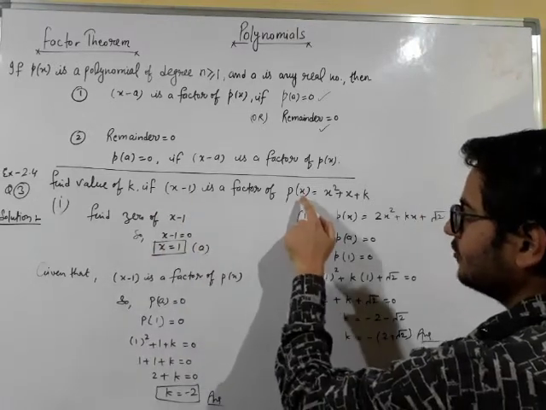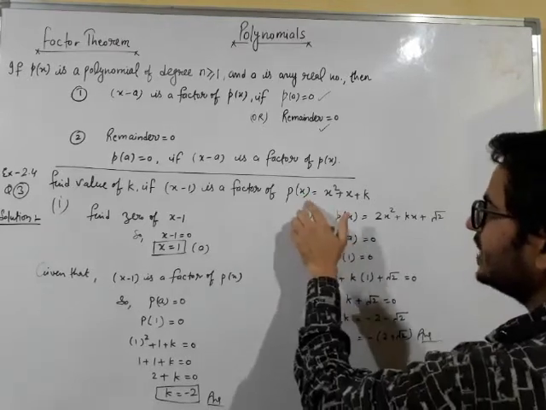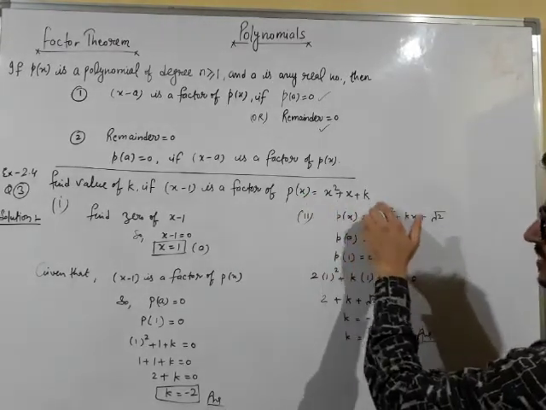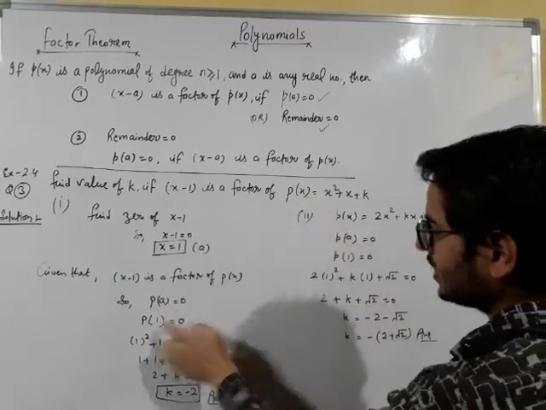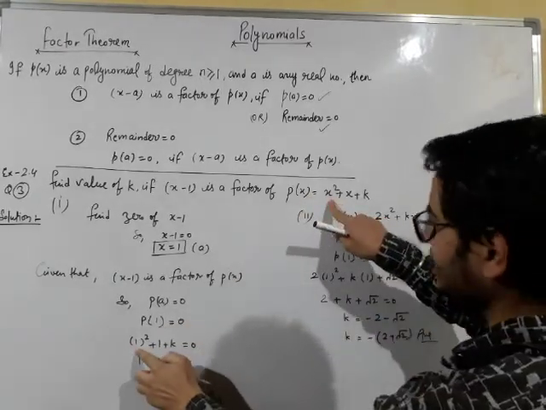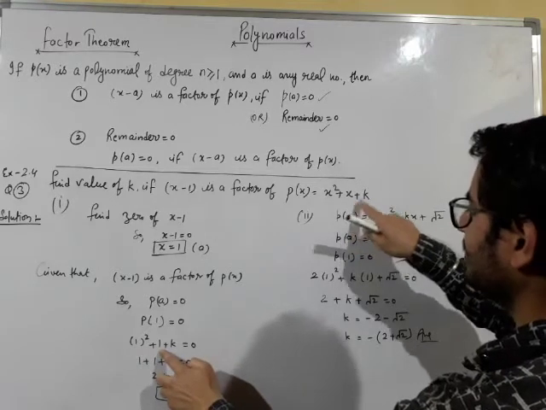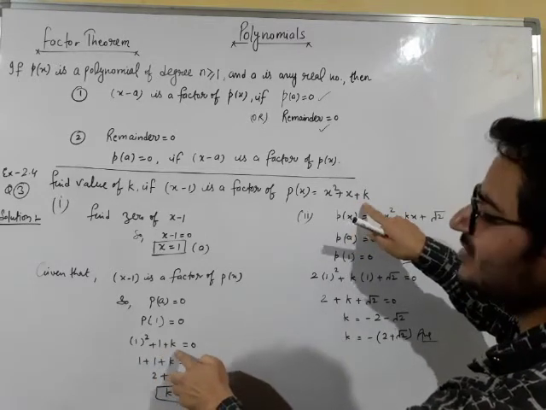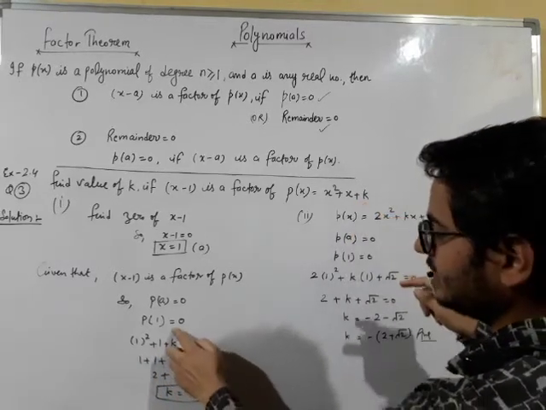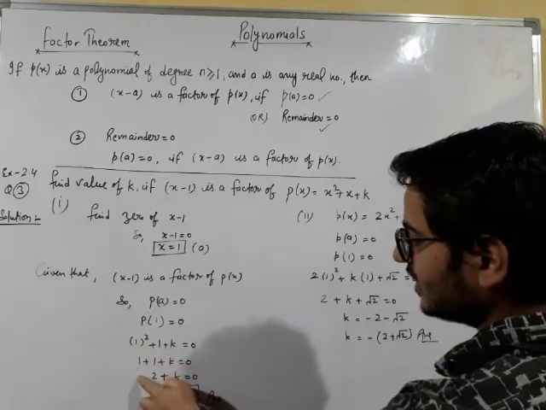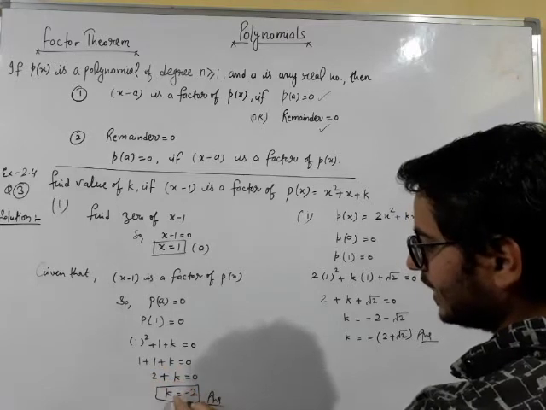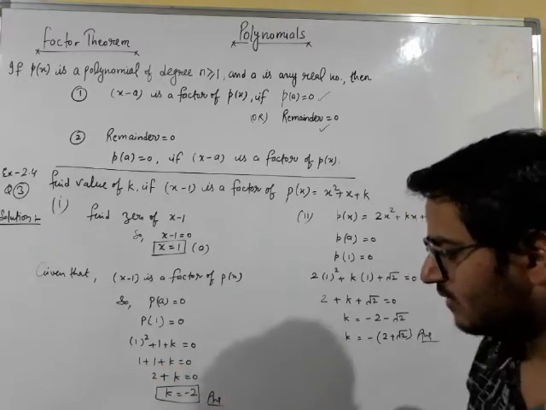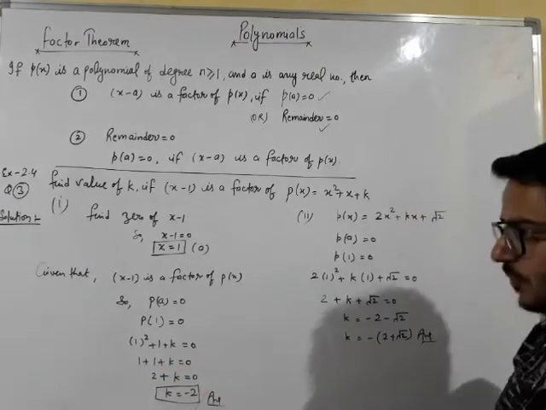We put 1 in place of x in p(x) equals x square plus x plus k. X square means 1 square, x means plus 1, plus k, because it is a constant term. It is equal to 0. Now 1 square is 1, plus 1 plus k, 1 plus 1 is 2, and k is equal to minus 2. So the value of k is minus 2.